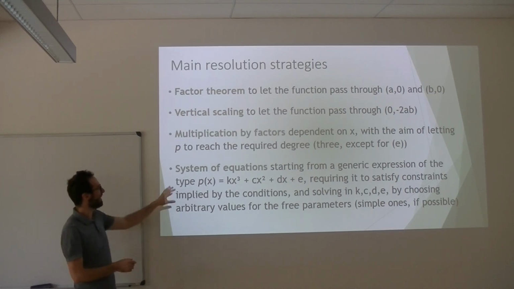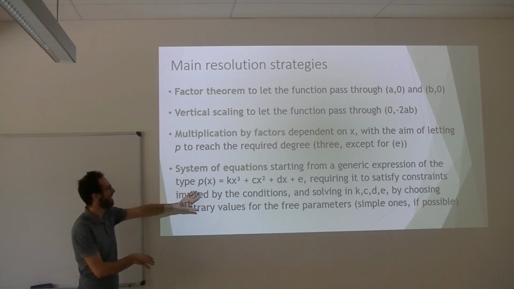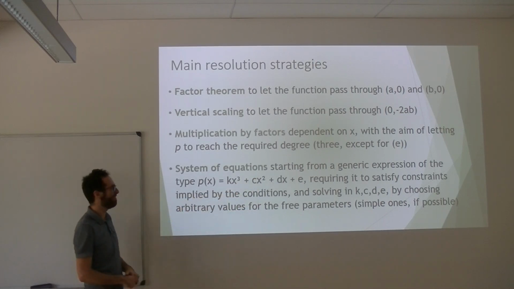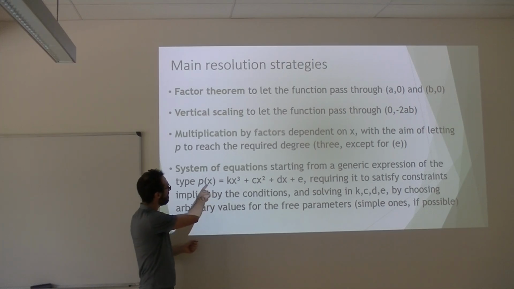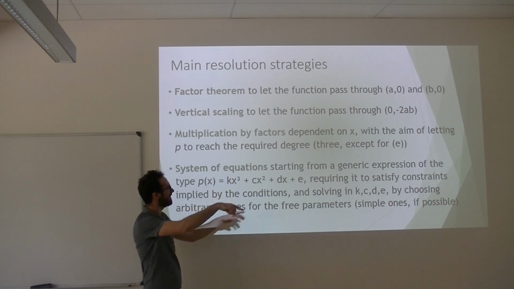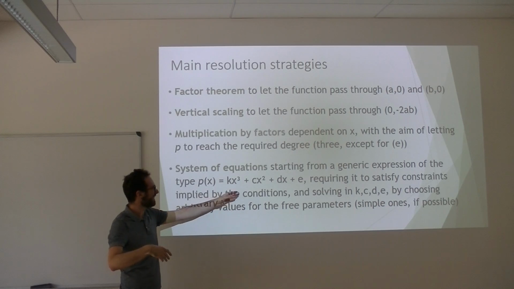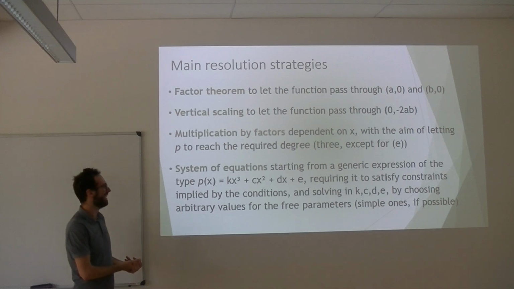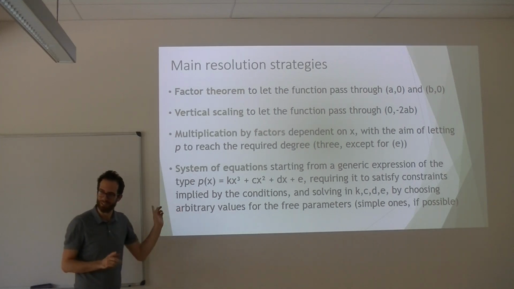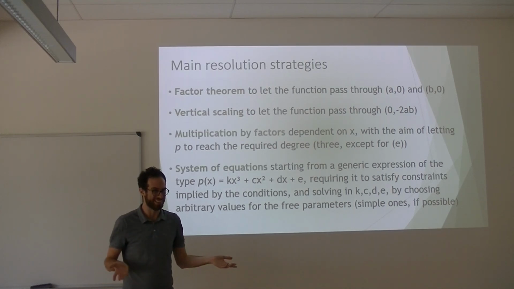And this is quite the one that, as I anticipated to you, Italian students like the most. So I have the generic expression of a degree 3 polynomial. I make a system expressing some parameters, so p of 0 equal to -2ab, and then adding the various constraints, I solve my system. When I have a free parameter, I put something randomly, and that's it. The Italian students really like this method, probably depending on how it is taught also in secondary schools.